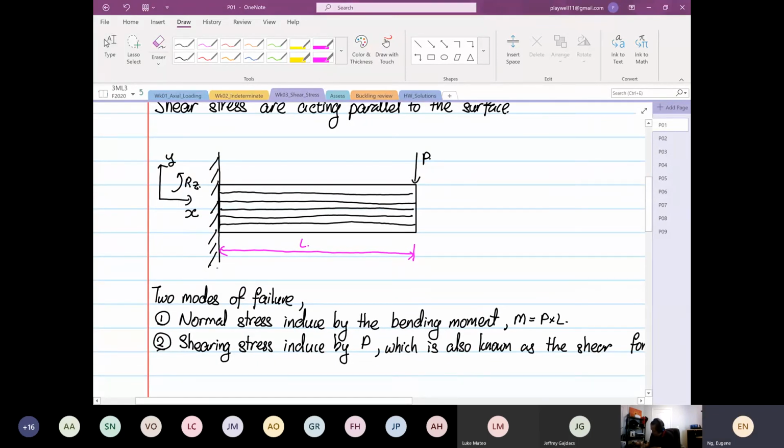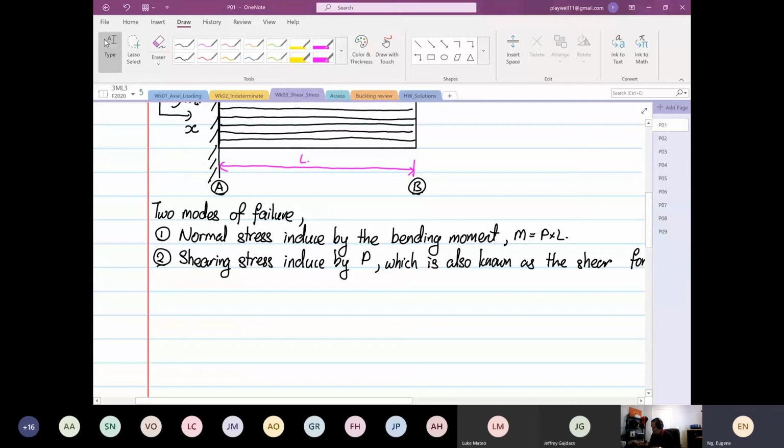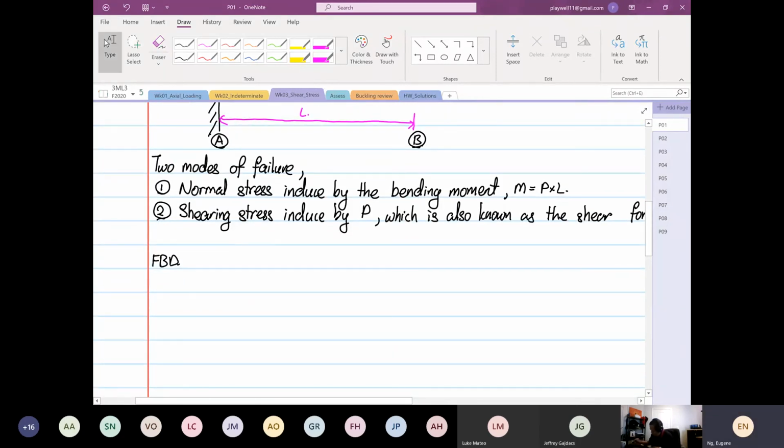So over here, let's say we have a point A, all right, and then we have point B, right? So if we were to construct the free body diagram on this beam, right, this is our free body diagram.